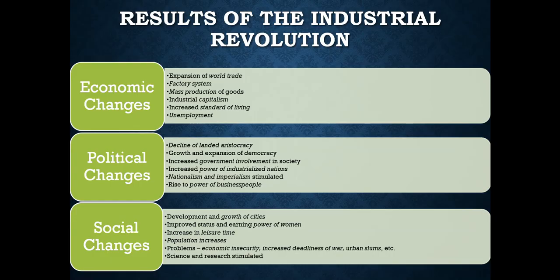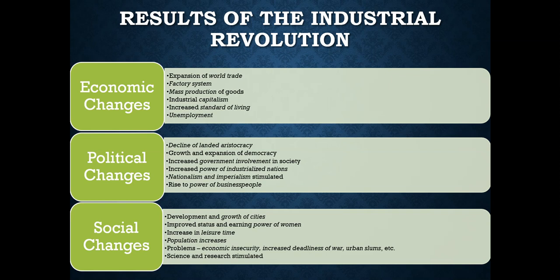Now, the results of the Industrial Revolution. This is really important because you had economic changes, political changes, and social changes. In terms of economic changes, you had the expansion of world trade, the factory system, mass production of goods, industrial capitalism, increased standard of living, and unemployment.